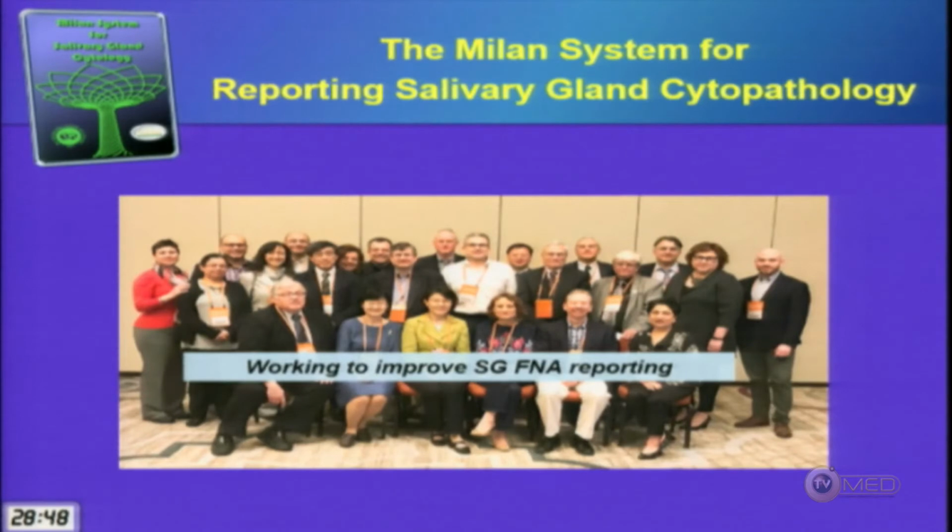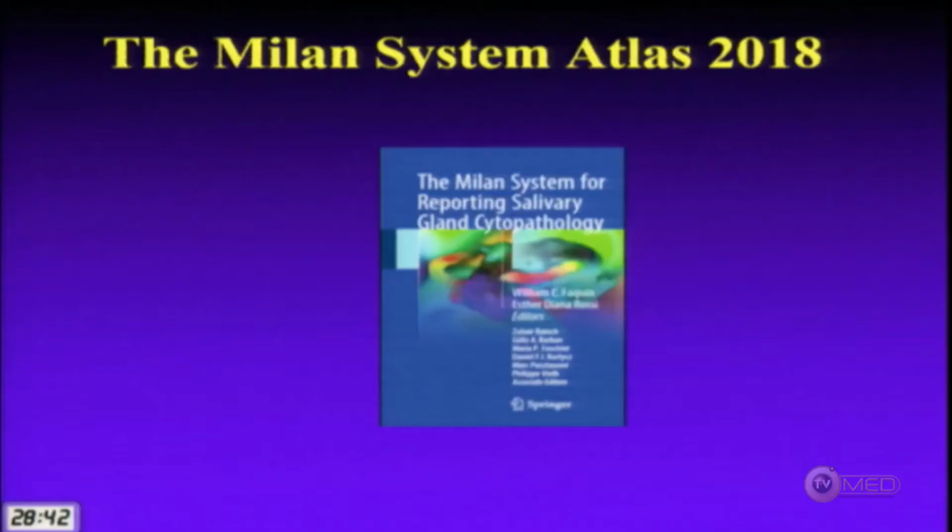And I would emphasize here that this was a tremendous group effort. Folks from all over the world contributing to this. And for those of you who have seen it, this is the Milan System Atlas. It was published in 2018, and myself and Dr. Diana Rossi from Rome, Italy, helped to lead this effort.